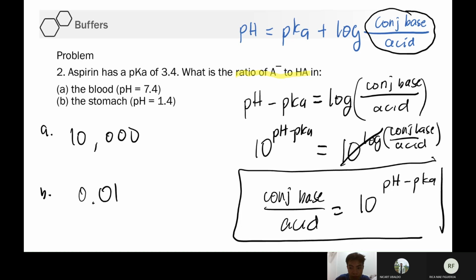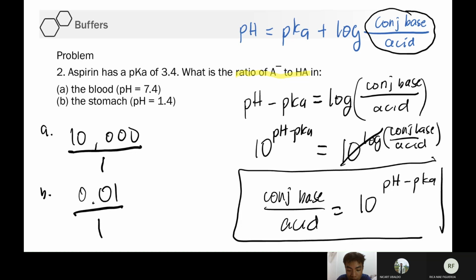So ano yung pwede nating gawin dito sa info na to? Okay. By obtaining the ratio of the conjugate base and the acid, you actually determine kung ano yung amounts ng conjugate base and the acid na kailangan to create the buffer. Ano lang gagawin nyo dito? So yung ratio na makuha nyo, just divide them by 1. Okay?